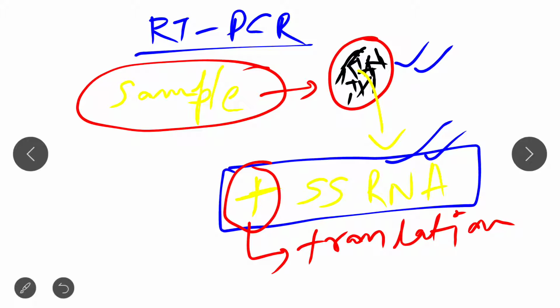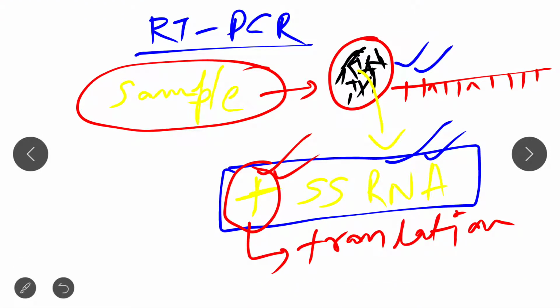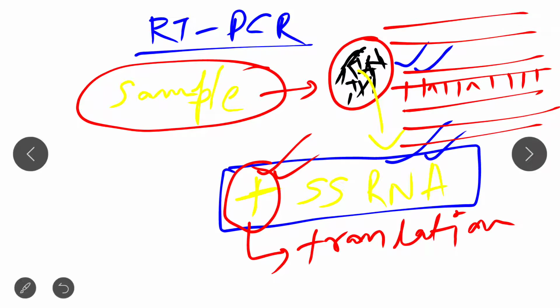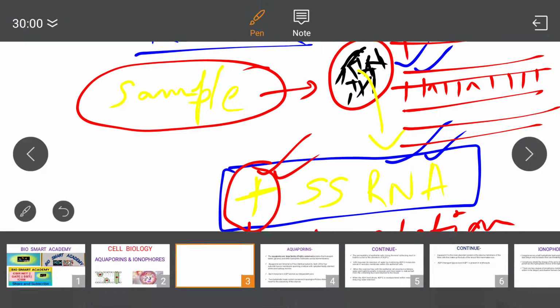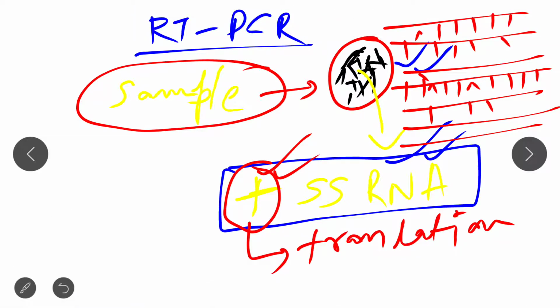As well as that, this is RNA, single stranded. As this virus is positive single stranded RNA, it can make more and more RNA copies like this, by its own. So this is basically the mechanism.